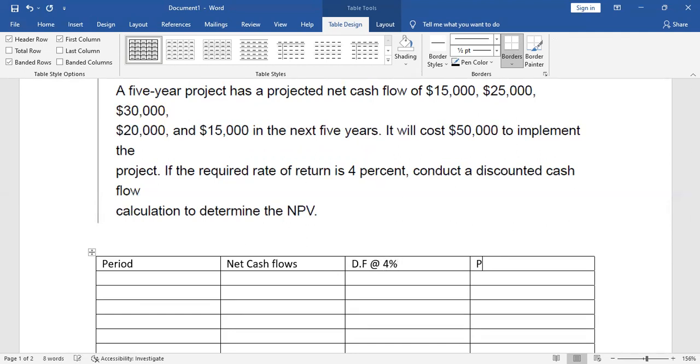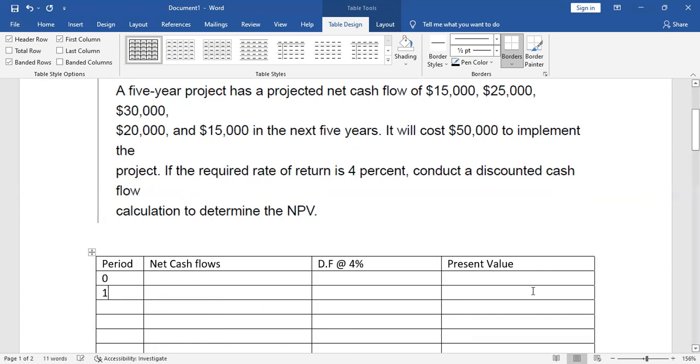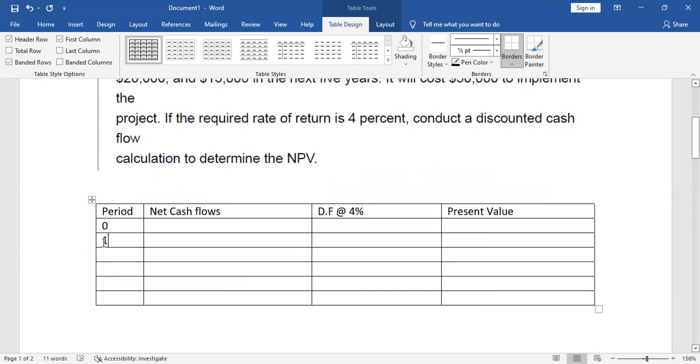And then here I'll say present value. My period will start from period 0, period 1, all the way up to 5: period 2, period 3, period 4, and period 5.